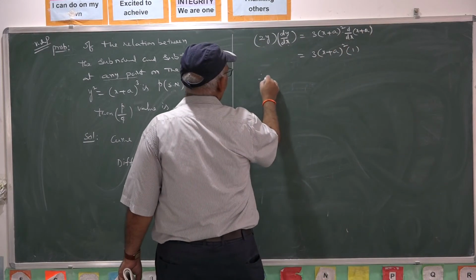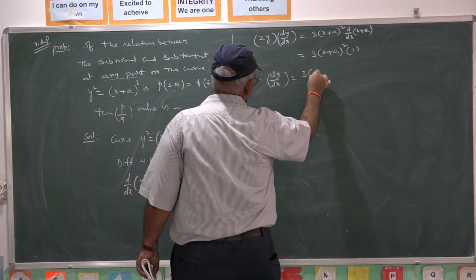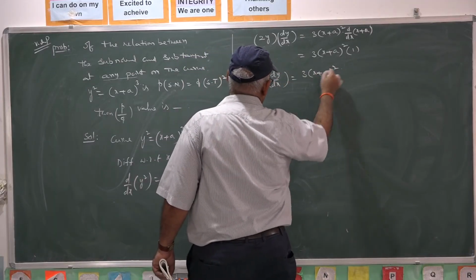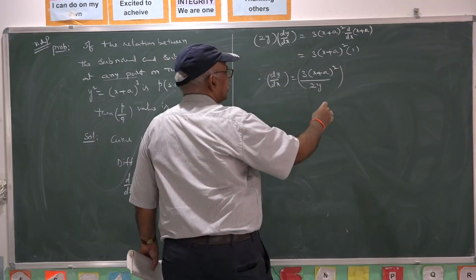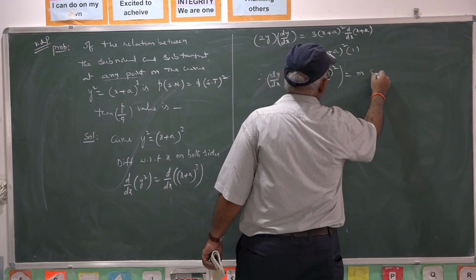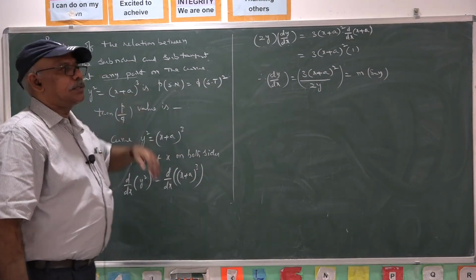Hence dy by dx is 3 into x plus a whole square by 2y. This is m, say. Based on the point, it may vary.